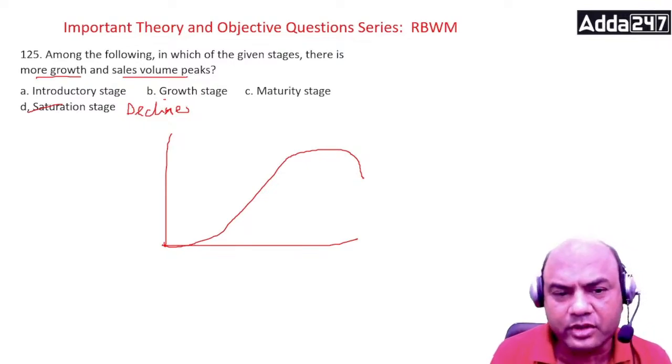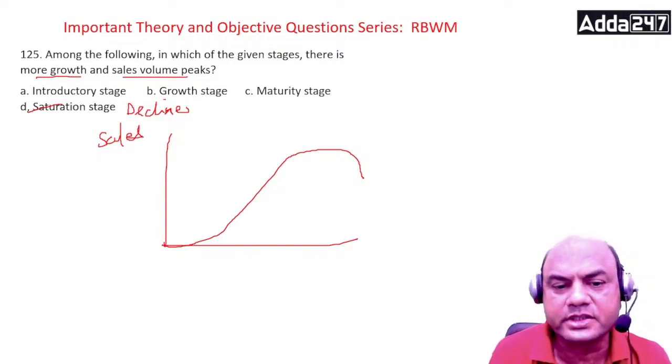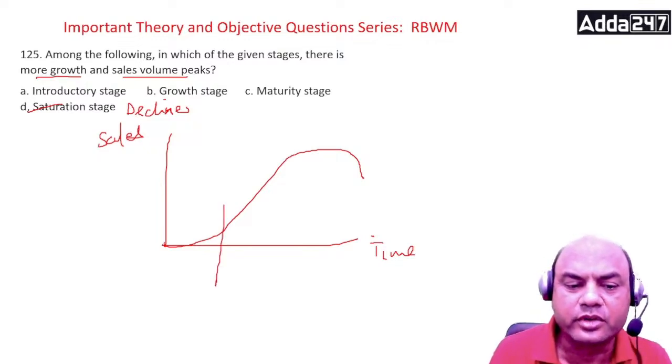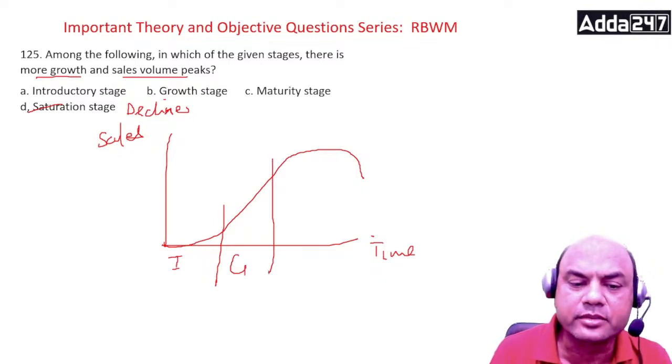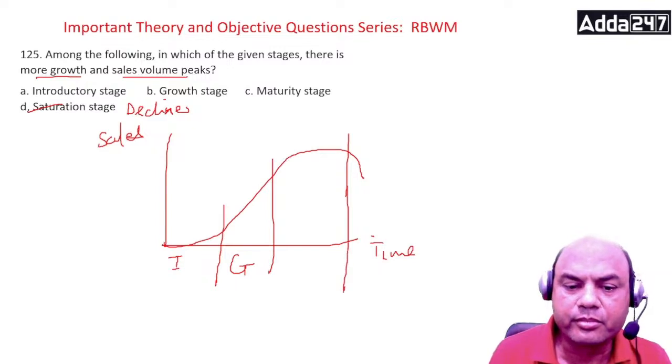Here what happens? Now look at this. This is a sales graph. This is sales versus this is time. Sales is almost zero in the introduction phase. In growth it goes on increasing, and in maturity it's at maximum, and in decline it goes down.